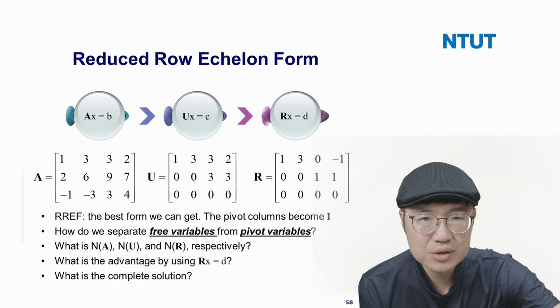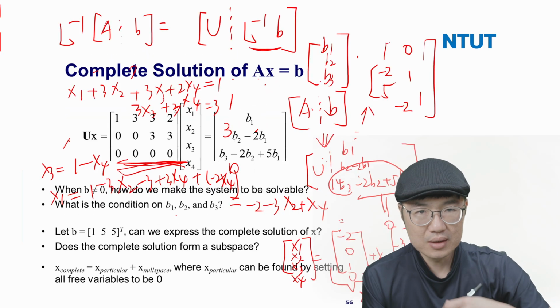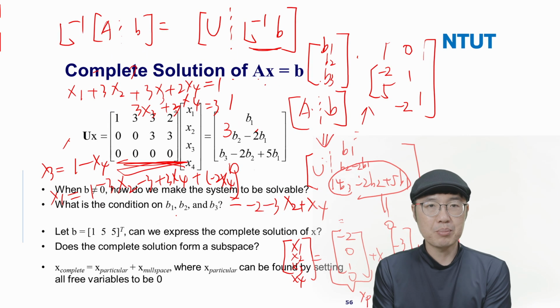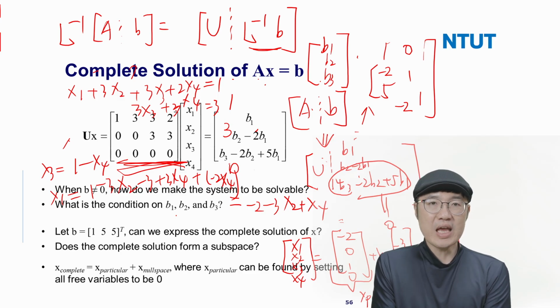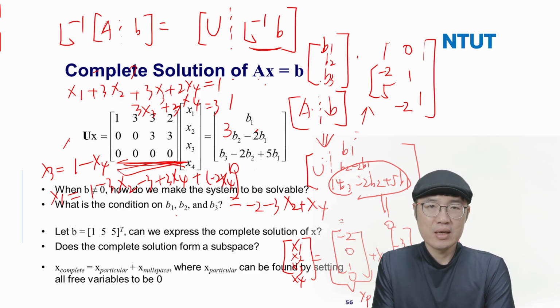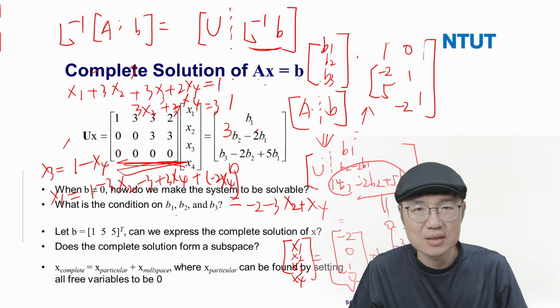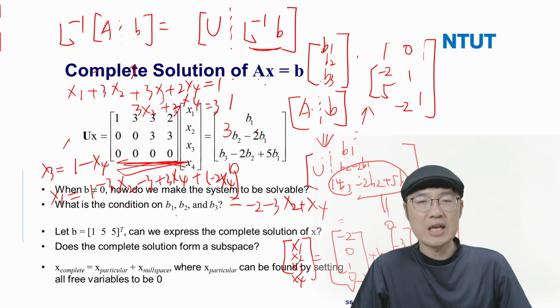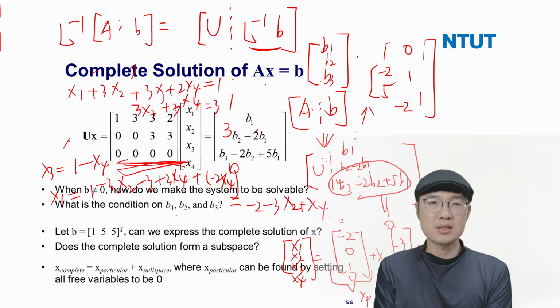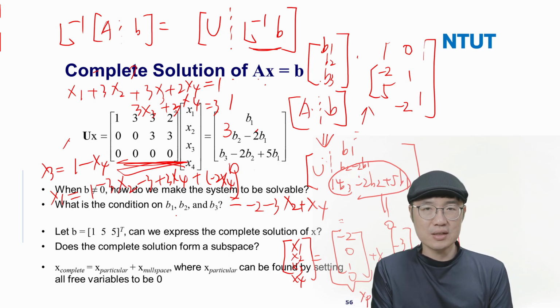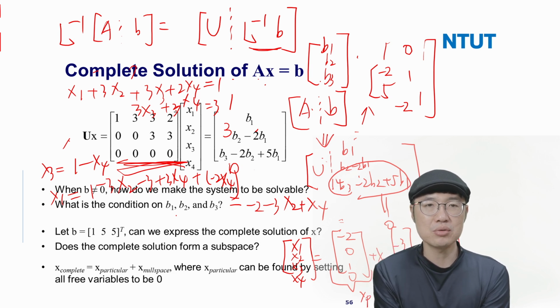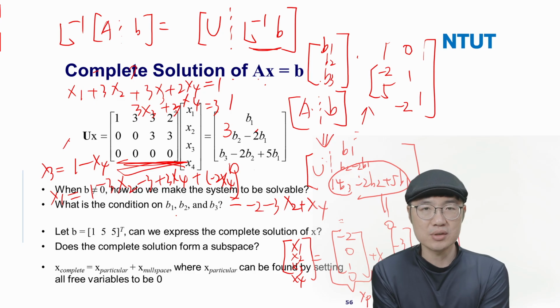In other words, we can tell the particular solution from B once B is in the column space. At this stage, we interpret the column space using the zero row. If a row is full of 0, then the condition to get that 0 right hand side is B3 minus 2B2 plus B1 equals 0.